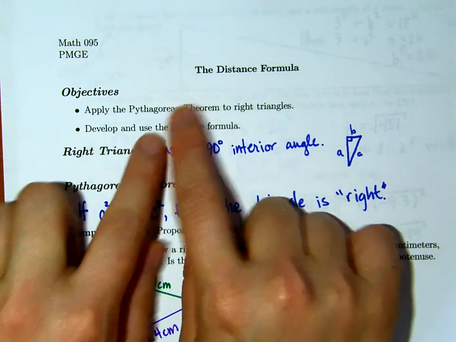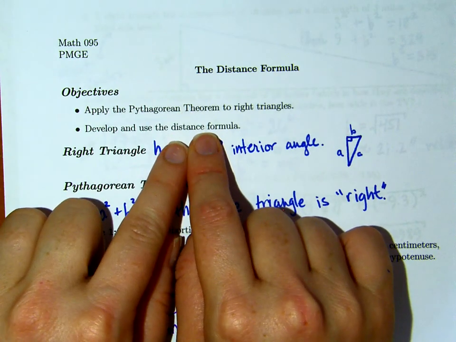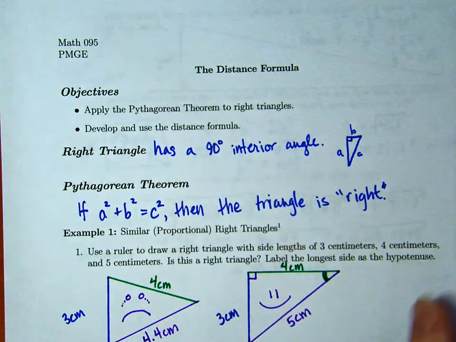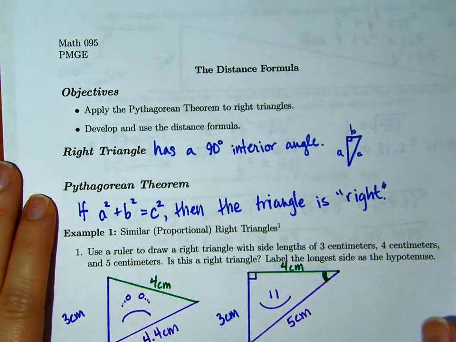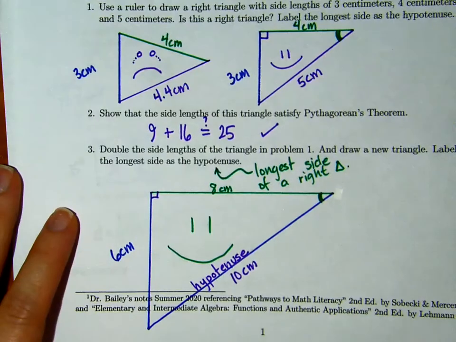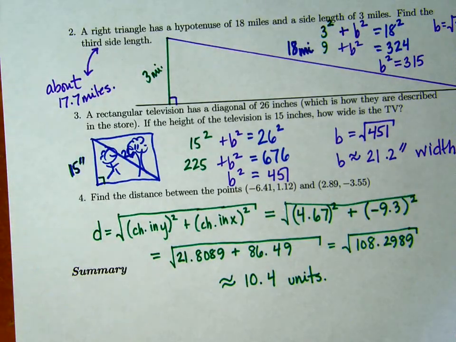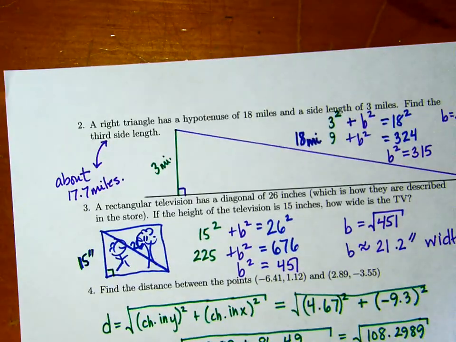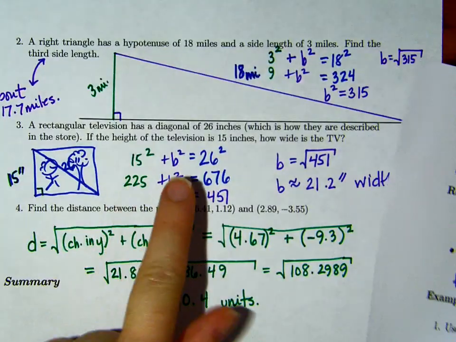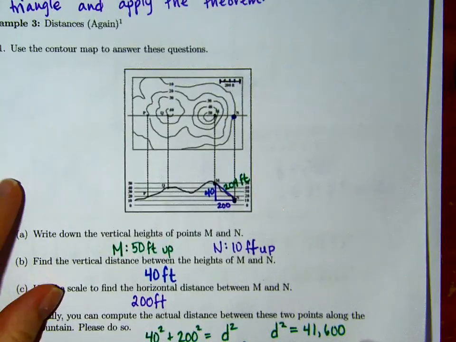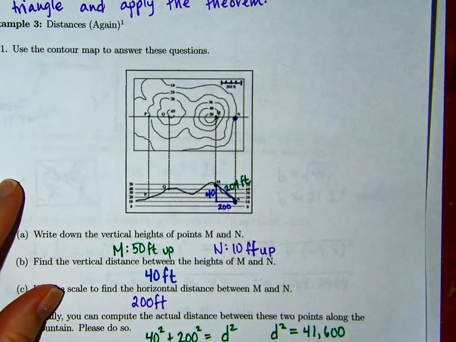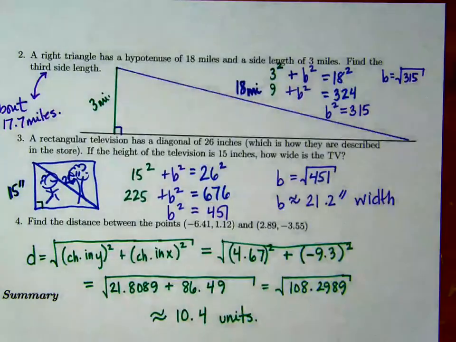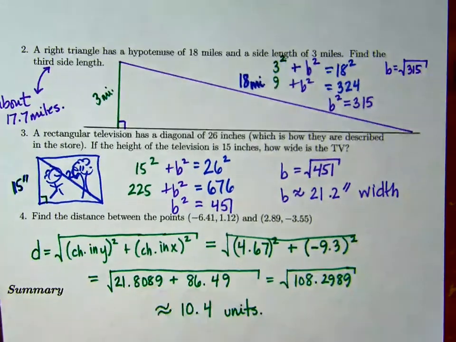So if we understand one, we understand the other, and in order to do this, we really just kept applying the Pythagorean theorem to different scenarios of right triangles. Here's a couple of different scenarios of right triangles. Here's another one. And all of that boils down to the distance.